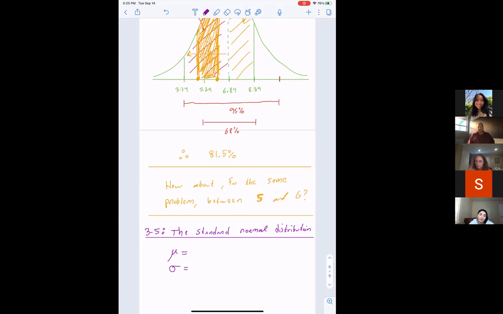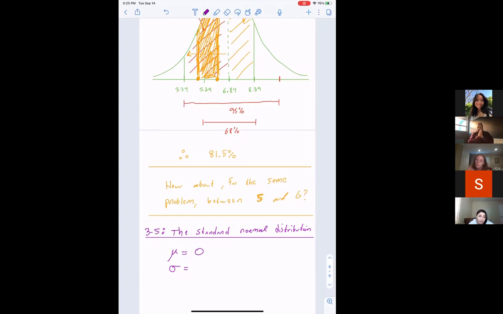I can think of one that's even better than both of those. 0. Have your normal centered at 0.